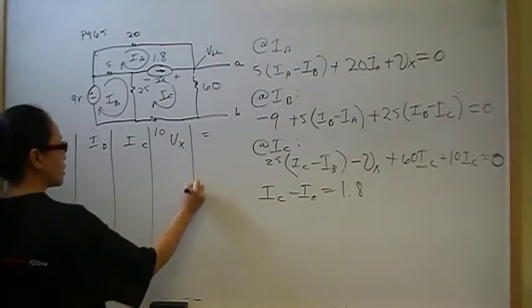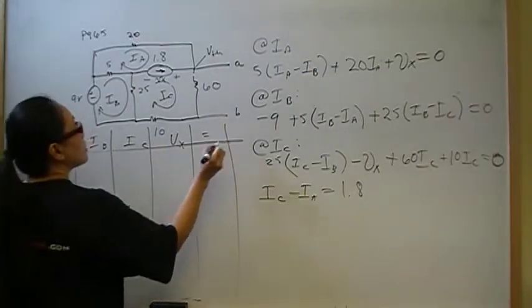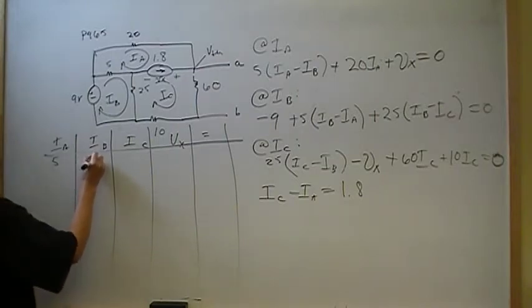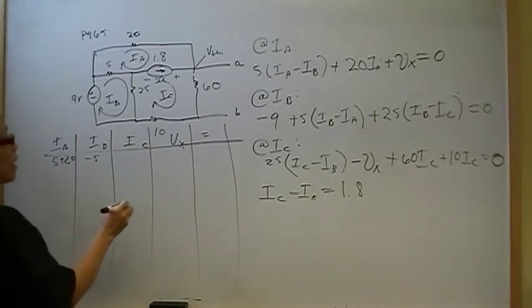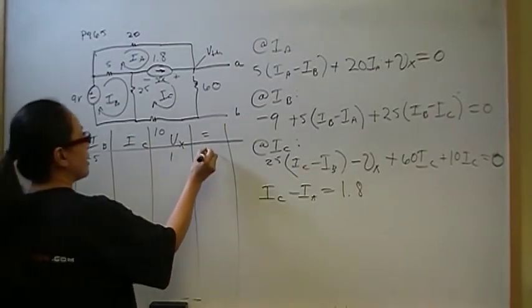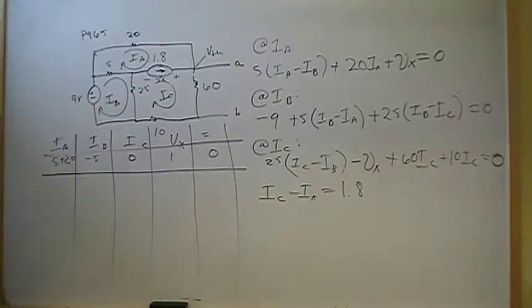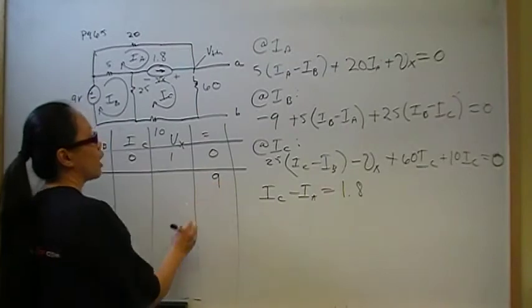So now we're going to inventory the coefficients, and so we got the first mesh equation. We got 5 IA, and then minus 5 for IB, and then 20 plus 20 for IA, and then plus 1 for Vx, and then 0 constants. So that's going to be our first line in the matrix. And then at IB, we have a -9, which is going to go on the side of constants as +9.